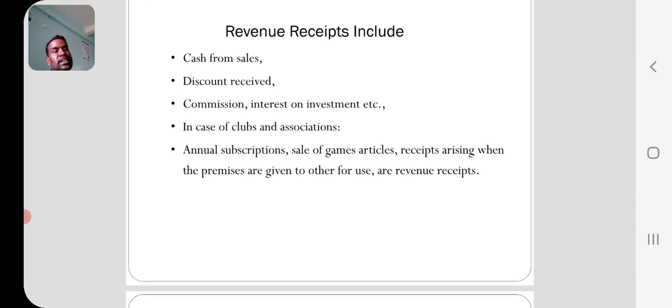Okay, these are the revenue receipts. They are used only for the current accounting period.